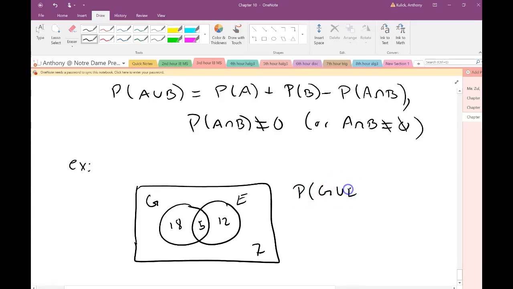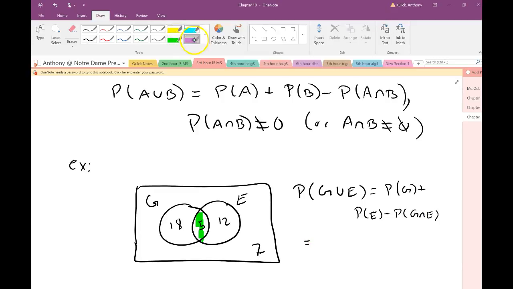So if I wanted to find the probability of G union E, well, these are combined events because the intersection is non-empty, right? If I follow the definition, that's going to be P of G plus P of E minus P of G intersect E, correct?